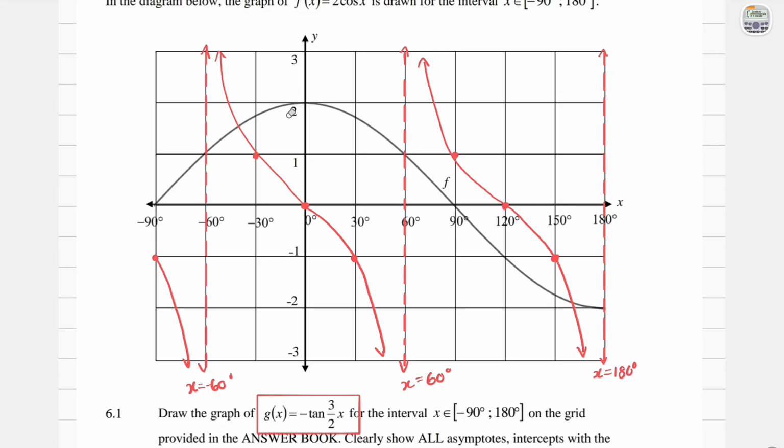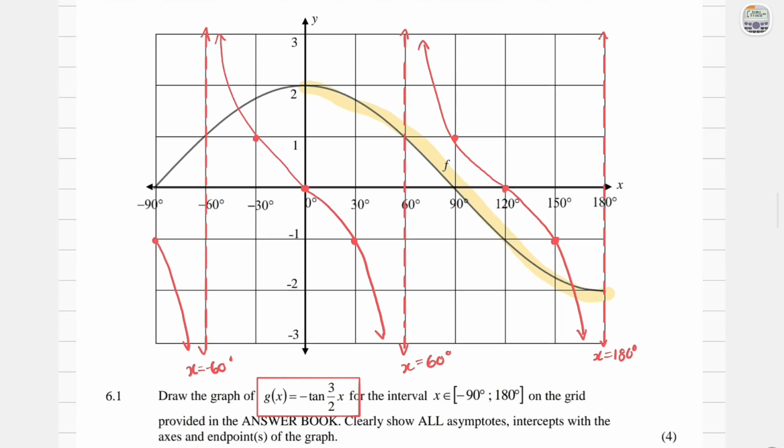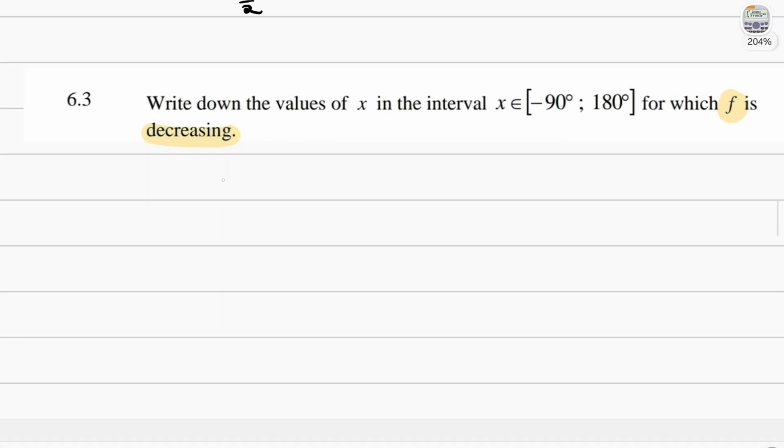And then it reaches that maximum, and then it starts to decrease. So it's decreasing all through here, and we just need to tell them the values of x for which this happens. So it starts at, or really just after 0 degrees, and then values that are less than 180 degrees. So this is where x is greater than 0 degrees, but less than 180 degrees, and that is our answer.